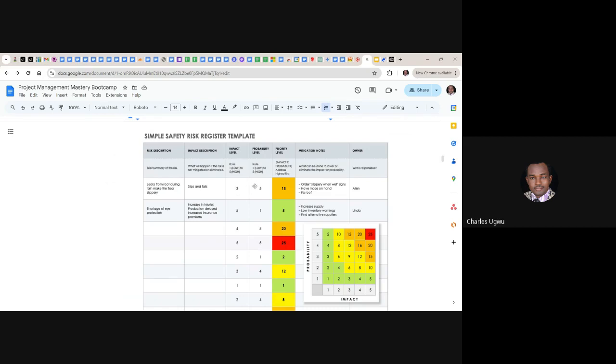And then you see the probability here. The impact here is when somebody falls. What is the impact? The person can get hurt. When the impact is 5, the person can fall and even break a leg or even become bedridden for months.